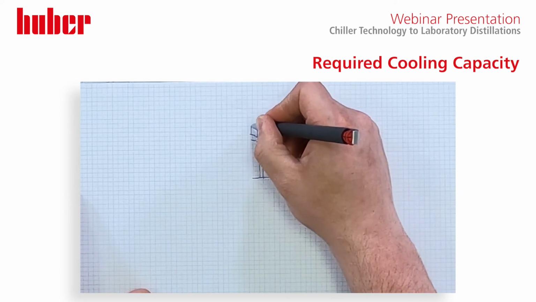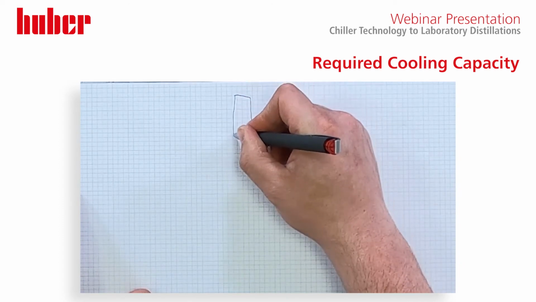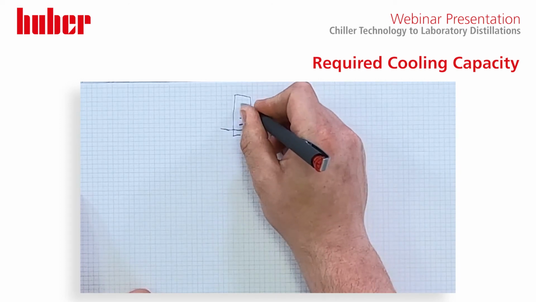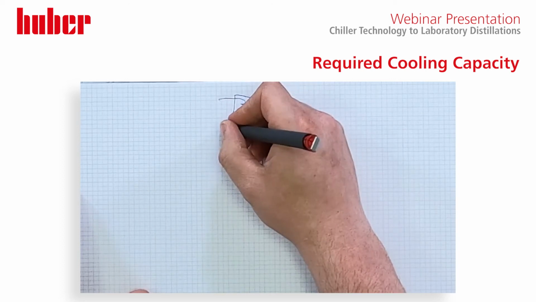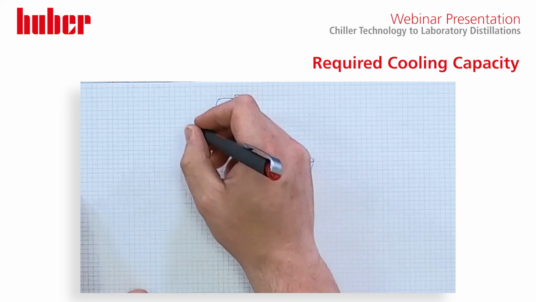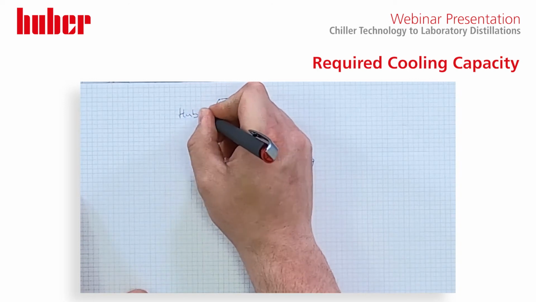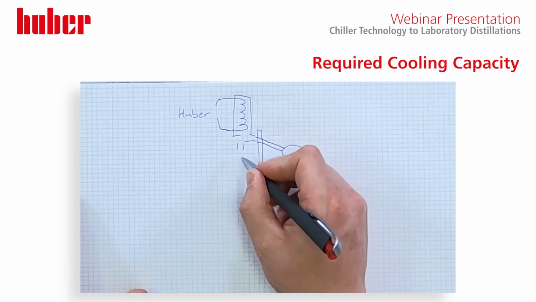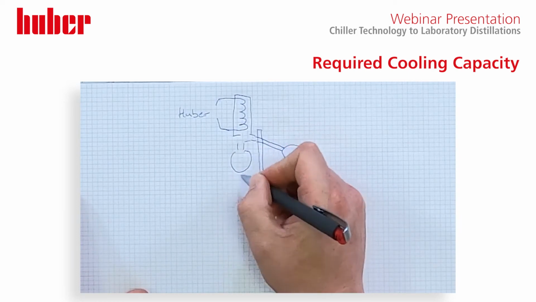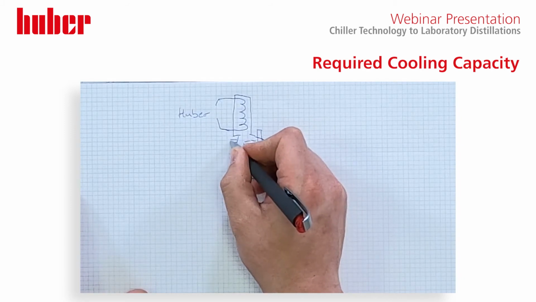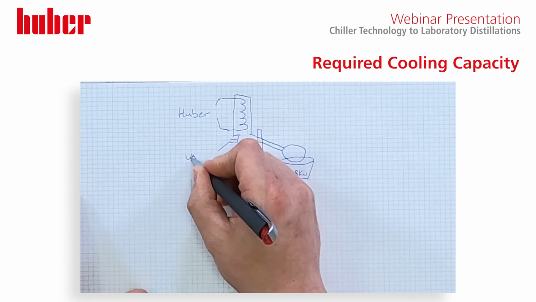We then go up to our condenser, which commonly people have been using single pass water on, but more and more people are going for chiller technology. So this would be where our Huber is connected into it. The gas will obviously condense, fall into our collection flask, and then further across here we'd have our vacuum.